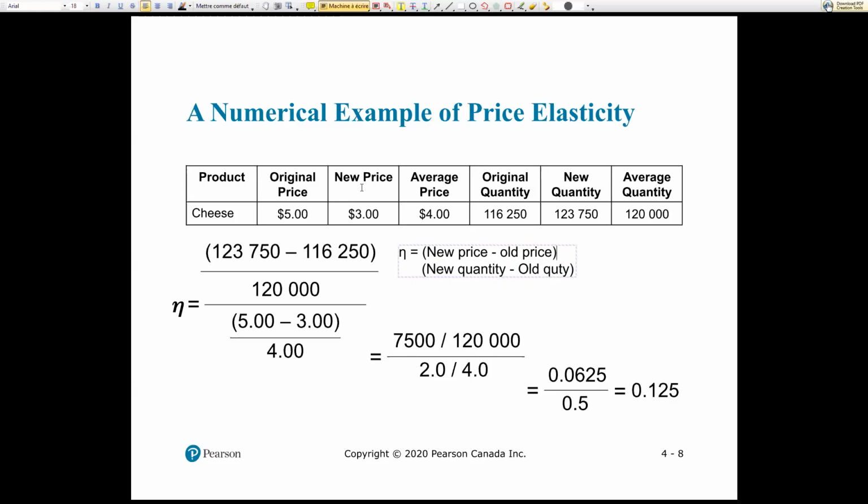And then multiplied by new price plus old price divided by 2, divided by new quantity plus old quantity divided by 2.